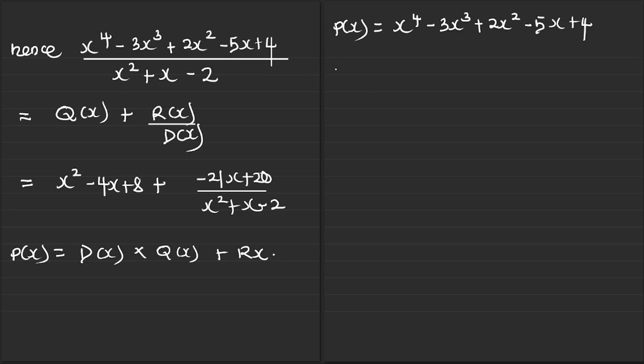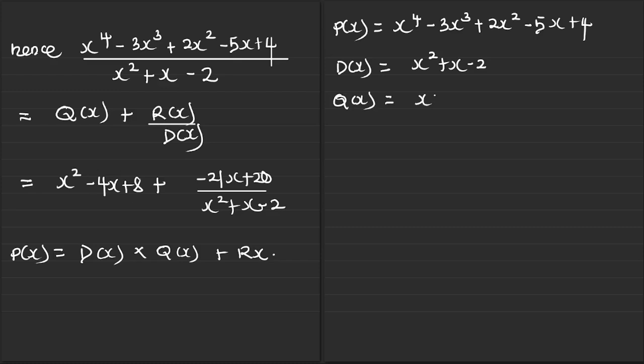So if you want, and looking at what we were able to do, the divisor, which was d of x, is equal to what we used to divide. That was the x squared plus x minus 2. And our quotient after the division was what?